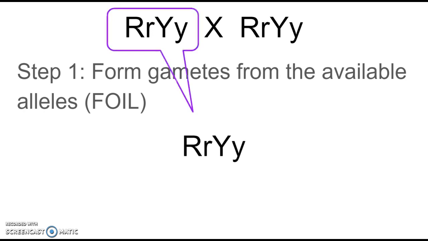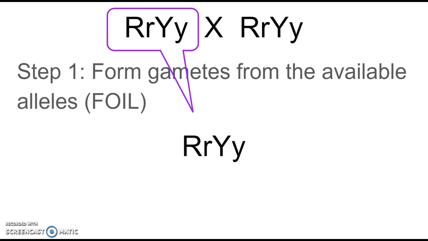We're going to take one of our parents and we're going to start using our FOIL method to form our gametes. We're going to take these letters, our R's and our Y's, and we're going to put them together to form gametes that have half the number of chromosomes. So since there's 4 letters here, our gametes would have 2 letters each.